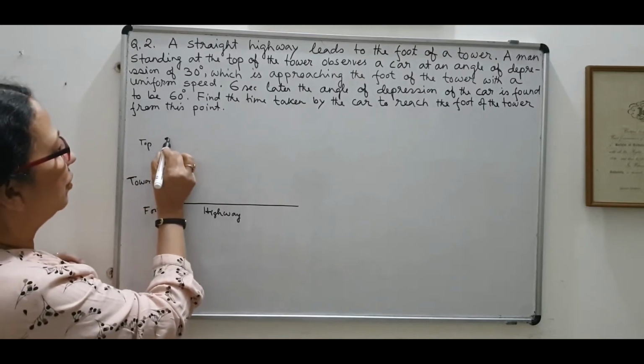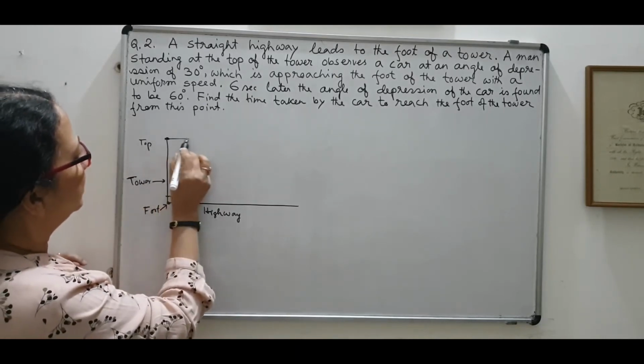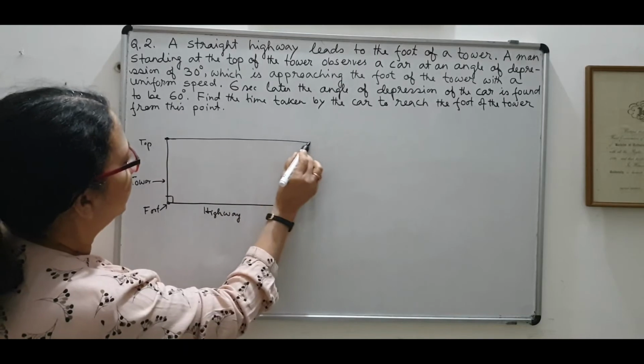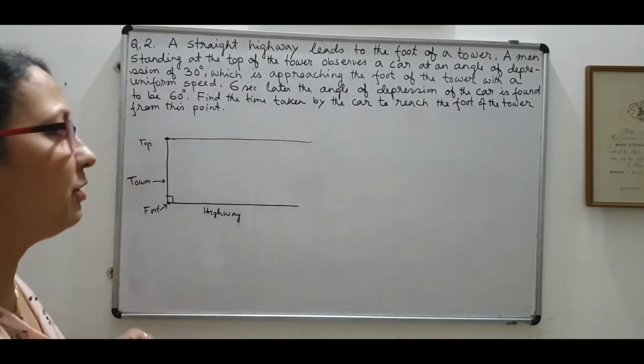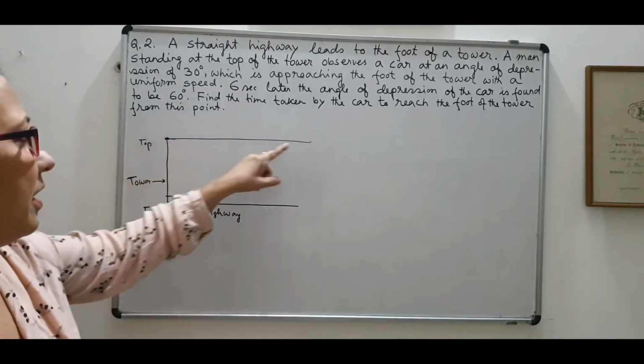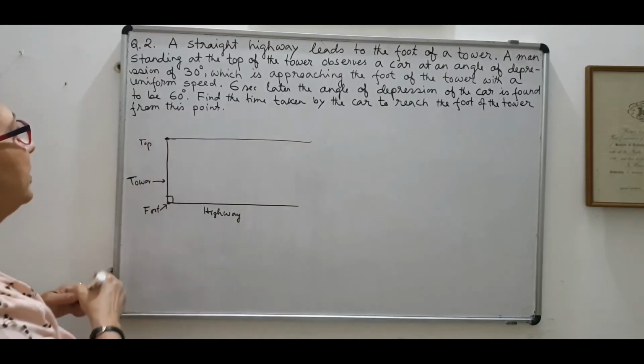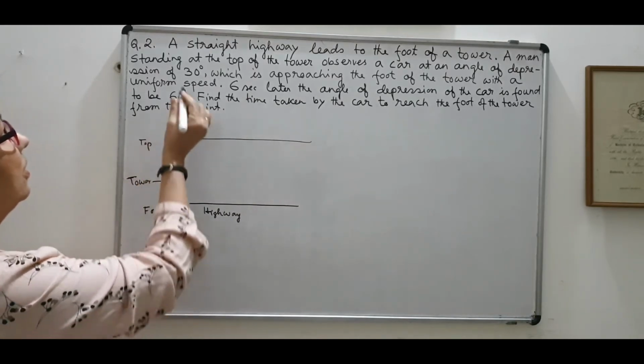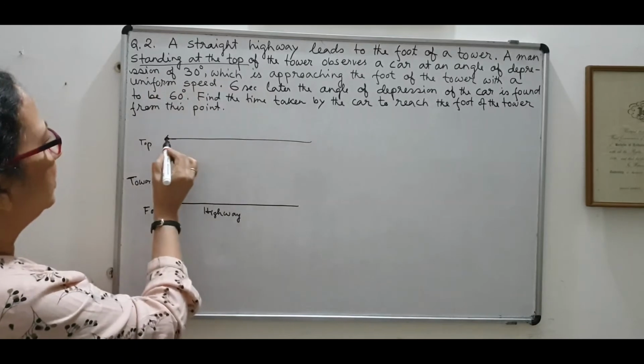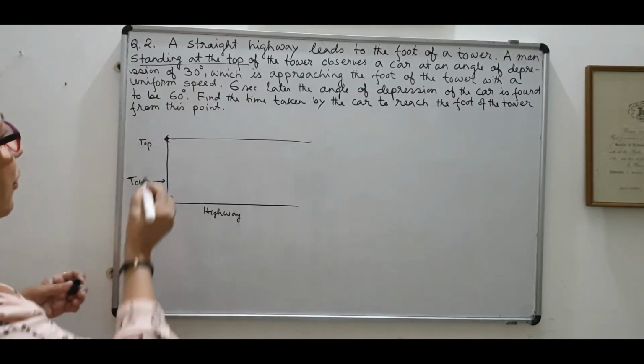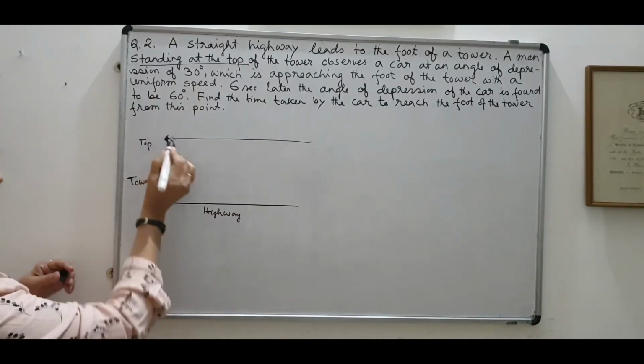So let me first draw a horizontal line through the eye of the observer. Very important, whenever I locate the eye of the observer, I have to draw a horizontal line through the eye of the observer. Okay, the observer is standing at the top, so here is the eye of the observer. Now from here he is observing what? A car.